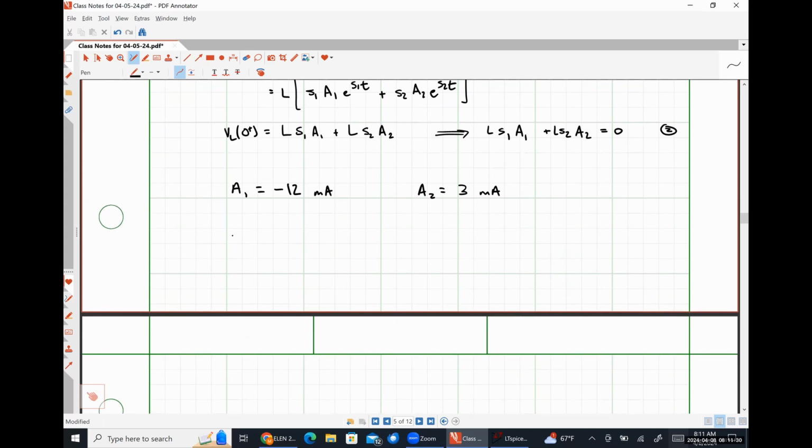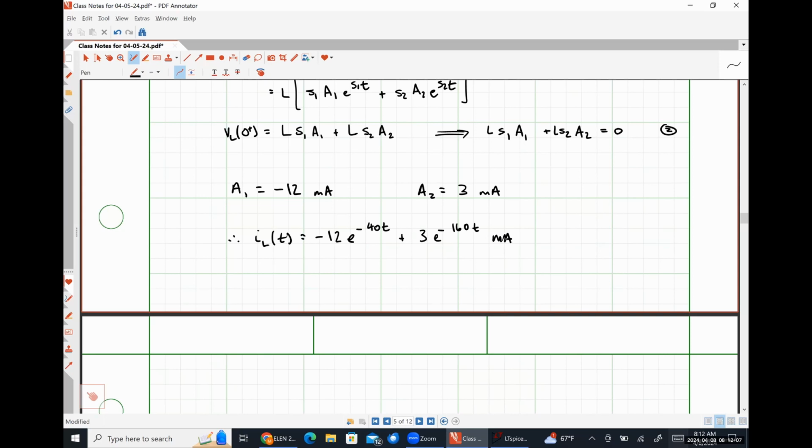So putting these pieces of information together, what we'll see is that IL of t is equal to negative 12 e to the minus 40t plus 3 e to the minus 160t milliamps.